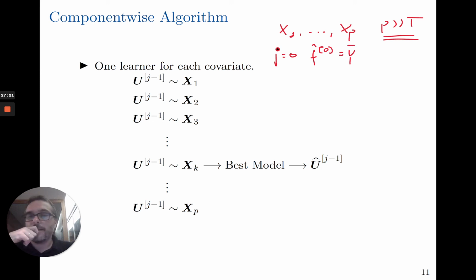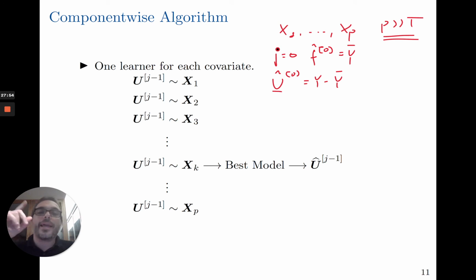So now we have u hat 0, that's going to be y minus y hat. So we are going to take this residual and fit univariate regressions. We are going to regress the residual at iteration 0 on x1, on x2, on x3, on xk, and up to xp. We are going to run p univariate regressions.